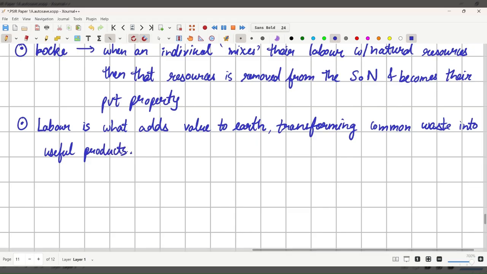Initially property was common. Then people became industrious and enterprising, which led to private property, and the people who are lazy, quarrelsome, and daydreamers are not able to acquire private property because of their nature. Here Locke also gives limitations. So, three limitations.